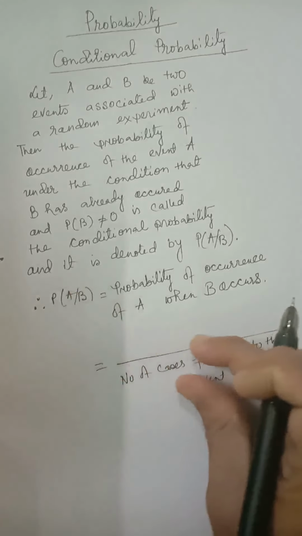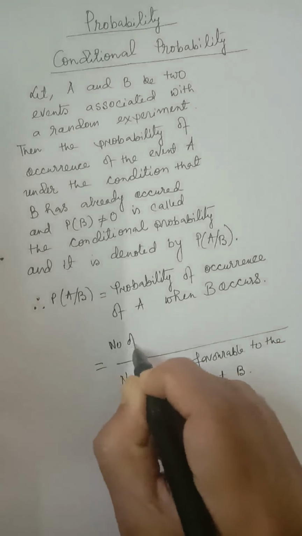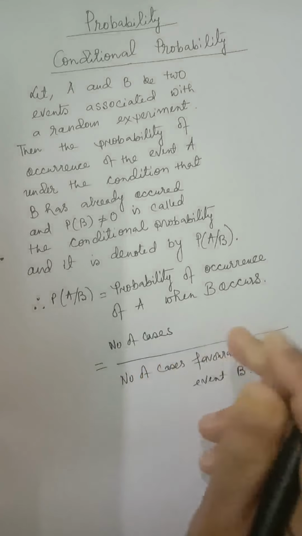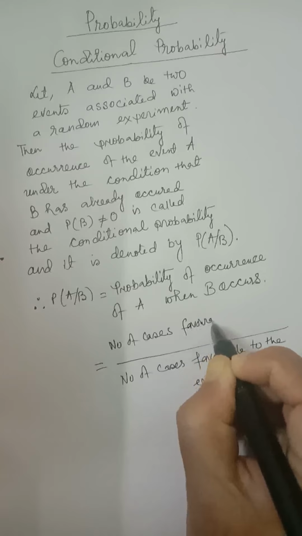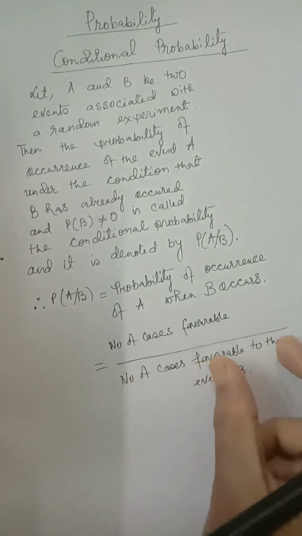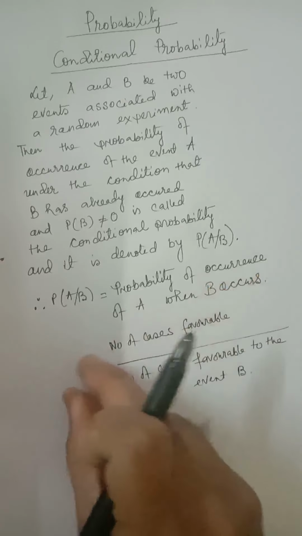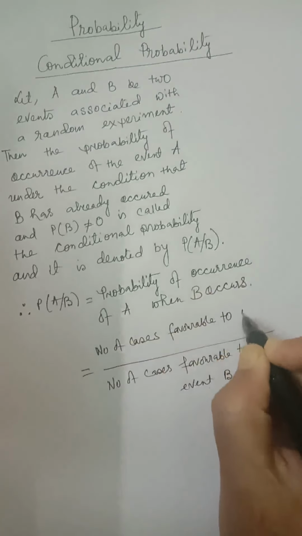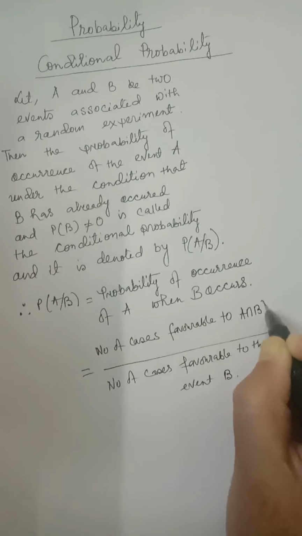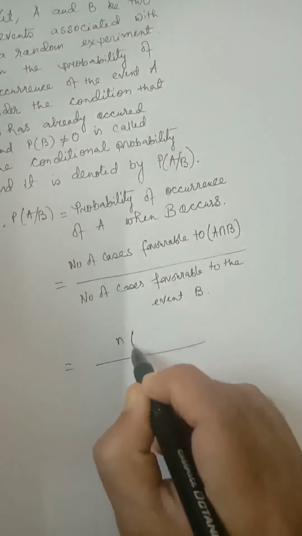Out of the cases favorable to the event B, the number of cases which are also favorable to A, that means number of cases favorable to both A and B. So ultimately this becomes A intersection B.